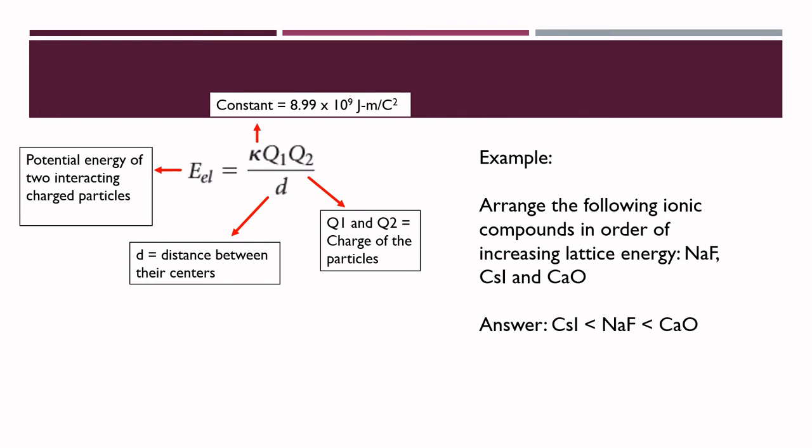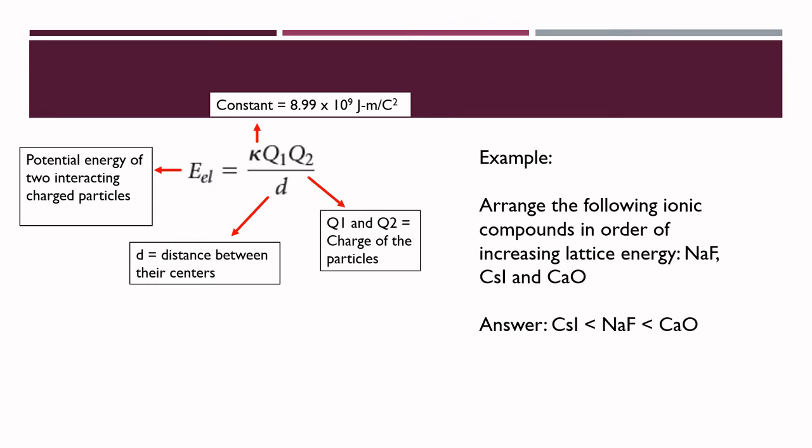This is the formula for how we can calculate the lattice energy. The E_el here is defined as the potential energy of two interacting charged particles. It is equal to the constant k times Q1 times Q2 divided by d.